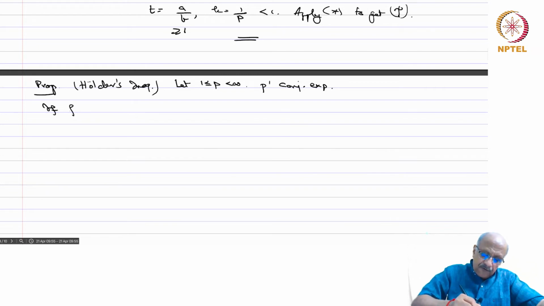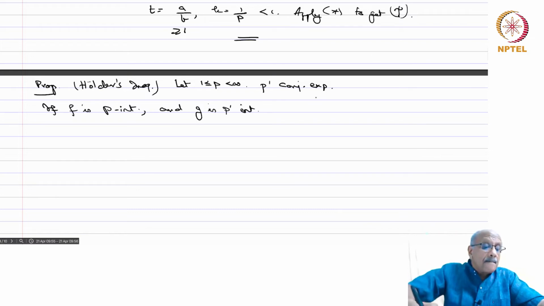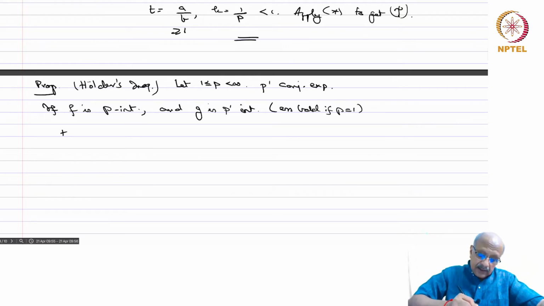If f is p-integrable and g is p'-integrable (essentially bounded if p equals 1), then the integral over X of |fg| dμ is less than or equal to ‖f‖_p ‖g‖_{p'}.